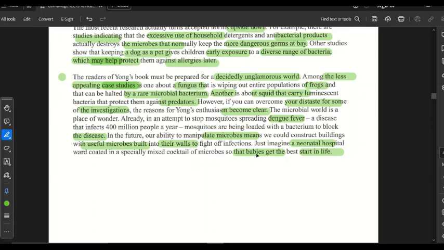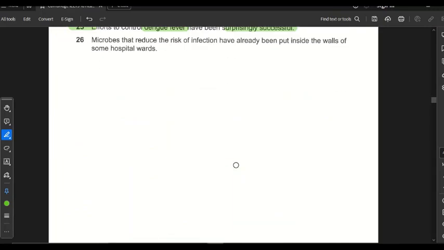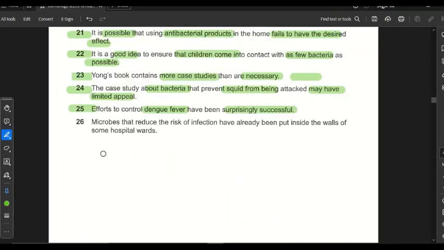All right, so let's proceed and look at the last one. The last statement is: microbes that reduce the risk of infection have already been put inside walls of some hospital wards.